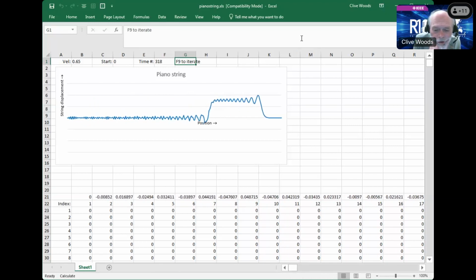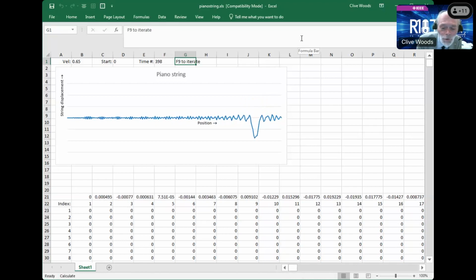So what is going to happen is the disturbance is again reflected in antiphase. So what we get at one critical time is the original disturbance, but it's in the opposite direction.